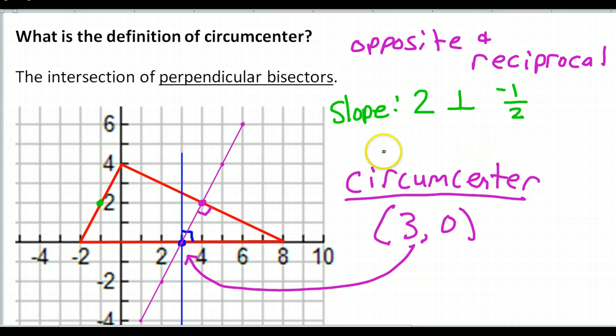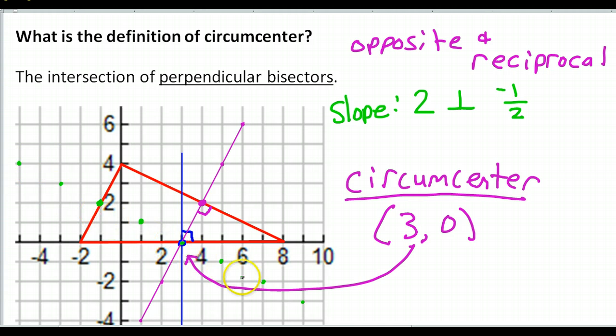So that's down 1, right 2. From here, I will go down 1, right 2, repeating the pattern. I could continue the process to the left by going up 1, back 2, up 1, back 2.